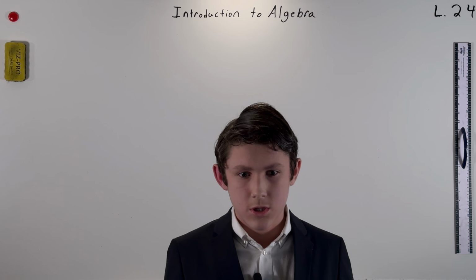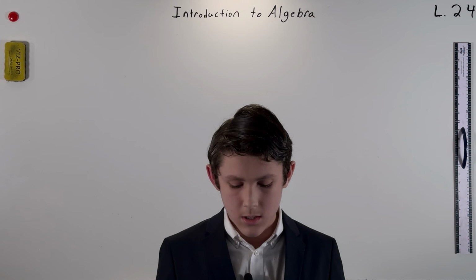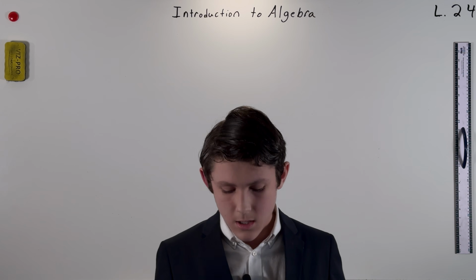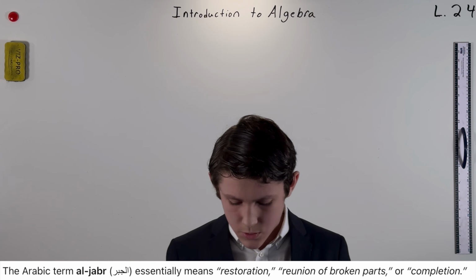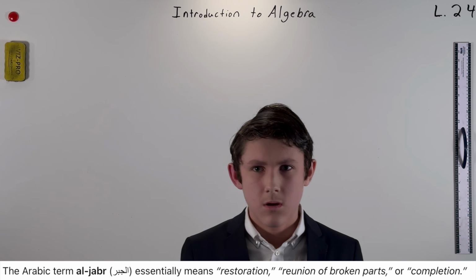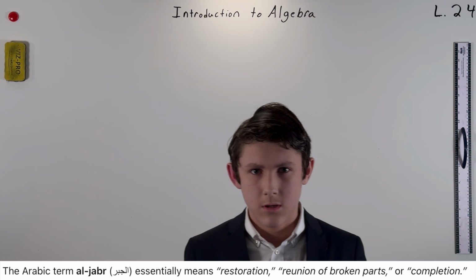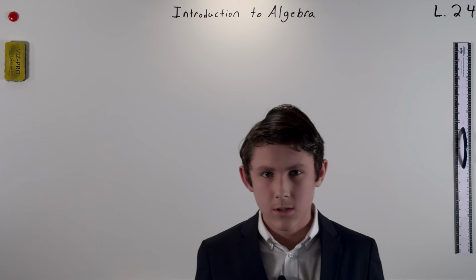He combined Greek geometry with Indian arithmetic and Hindu-Arabic numerals, and used concepts like al-jabr, I believe it's how it's said, which is basically the restoration or completion of something, restoring something or something like that.